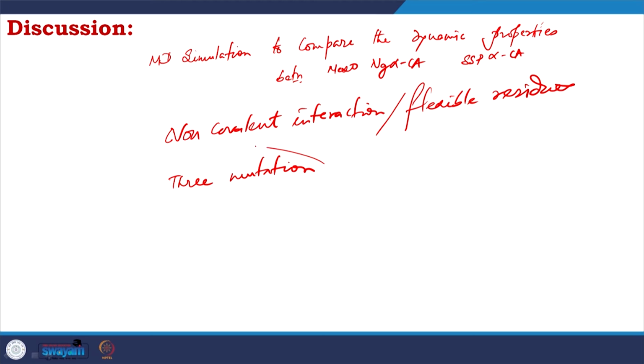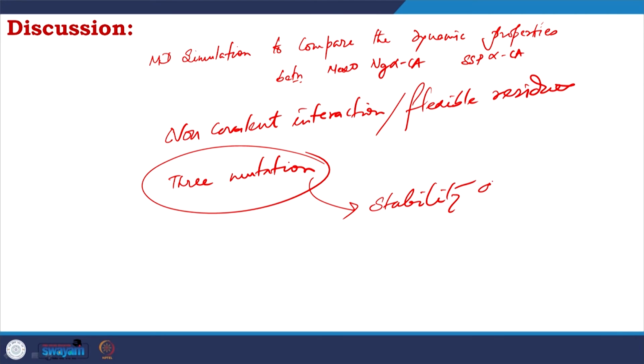These 3 mutations change the stability of the Ng alpha Ca.